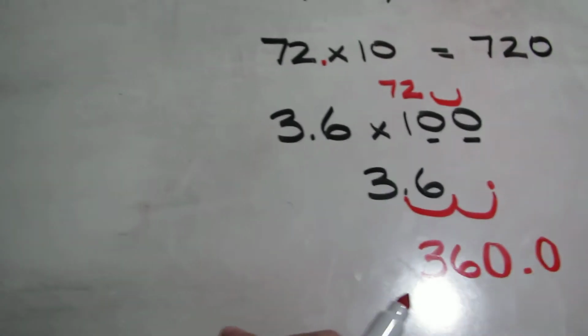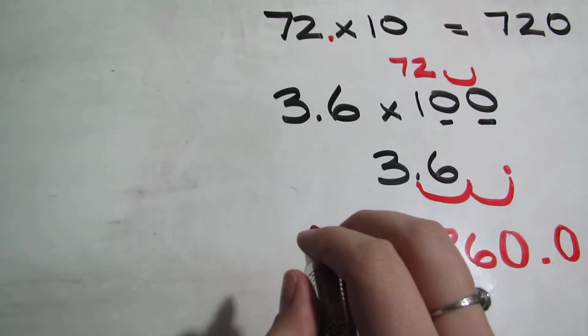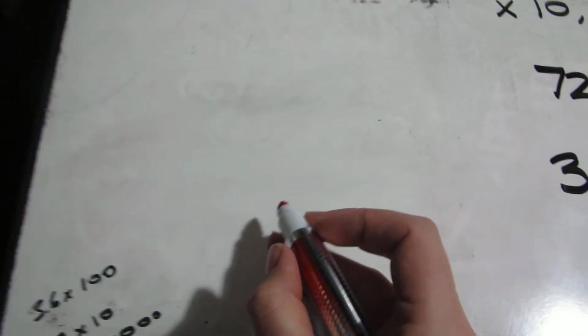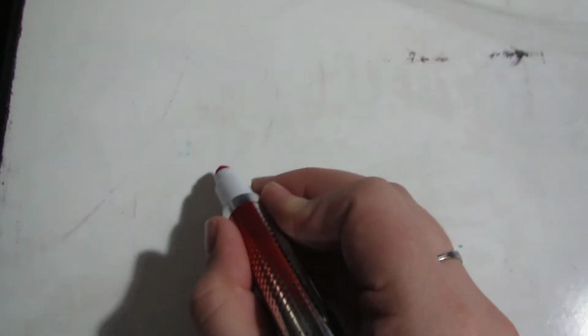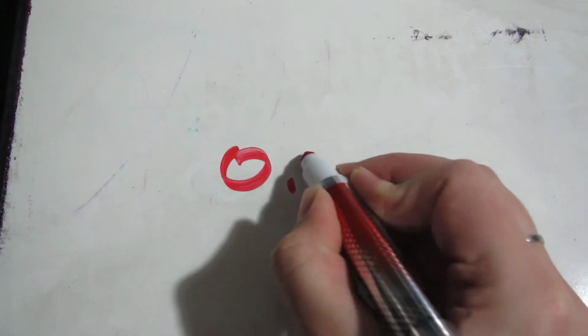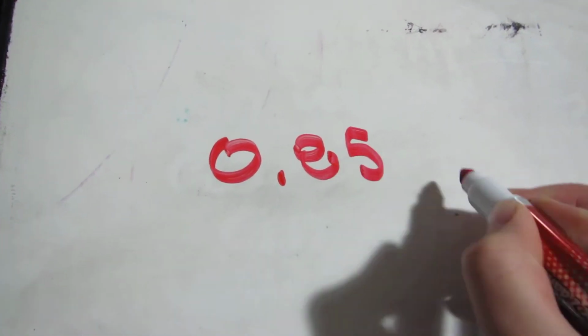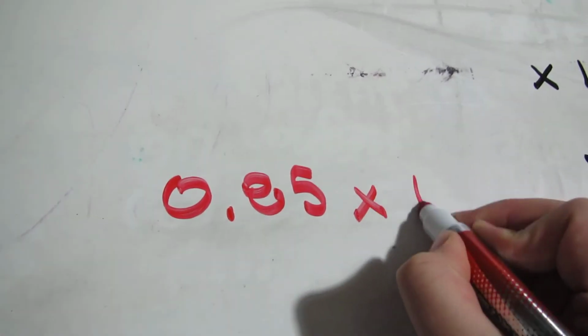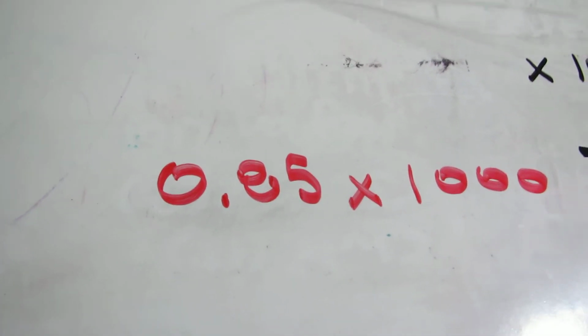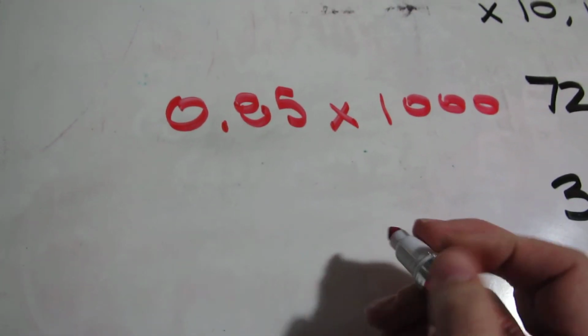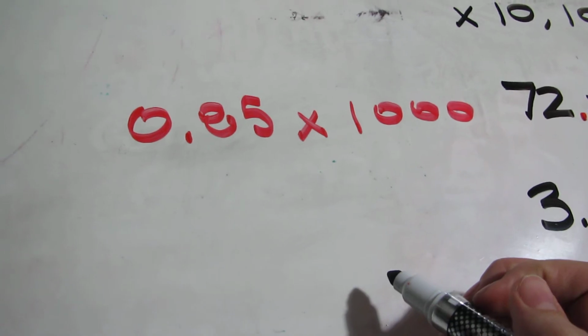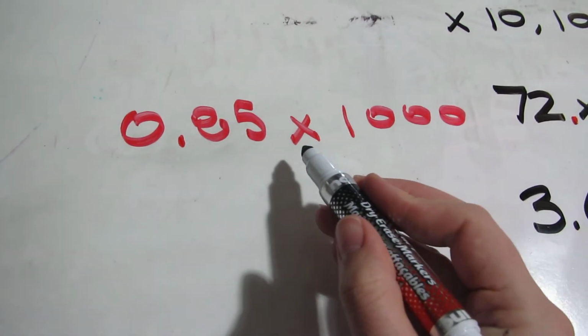Okay, so now we have one more example that I'm going to give to you. We have 0.85 times 1,000. Okay, so I'll give you a second to think about how this is going to work. So remember, we're multiplying.